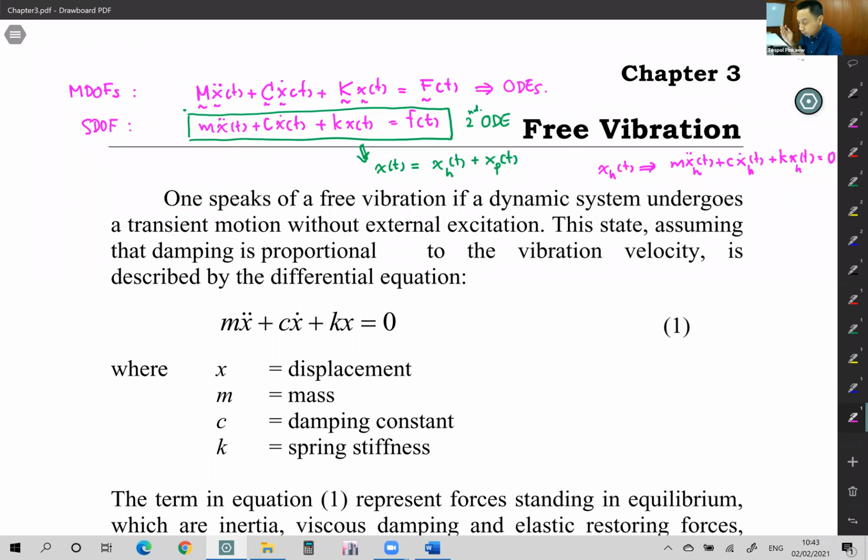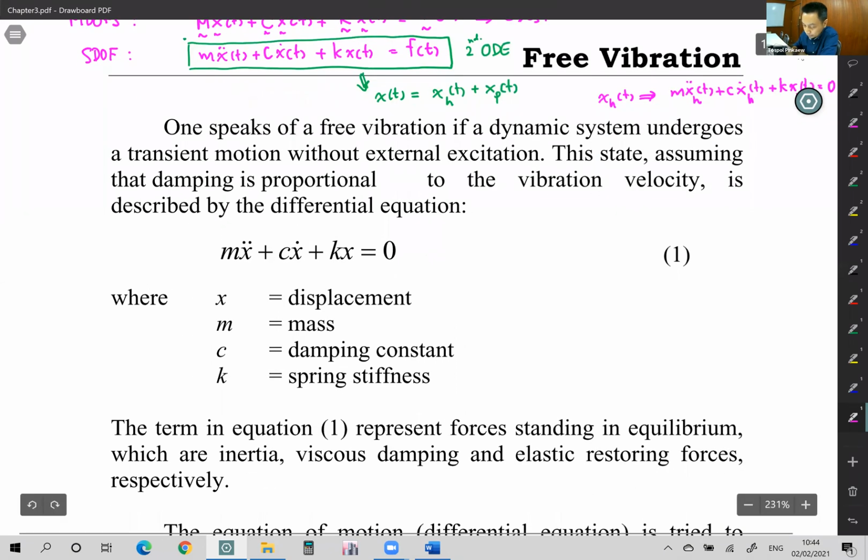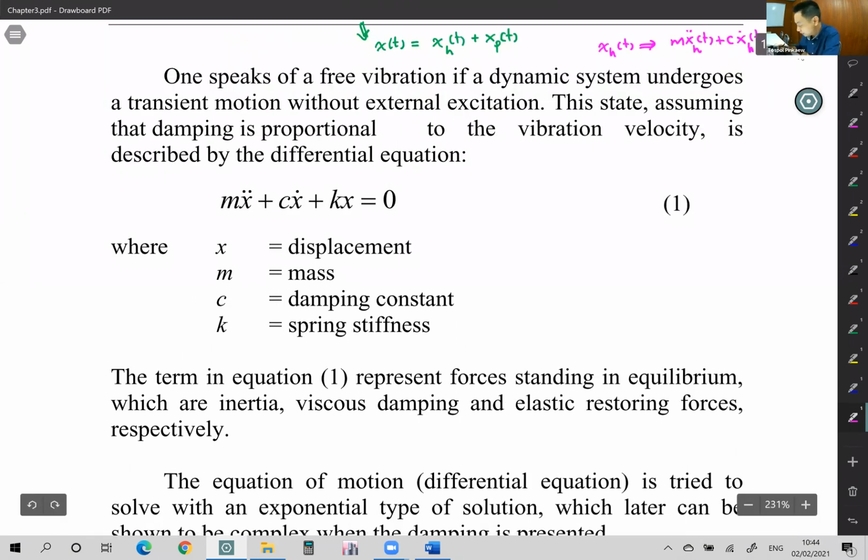After the earthquake or the wind is gone, you see the building is still shaking, and then it stops. The building still vibrating after there's no force acting on it, we call free vibration: vibration without any excitation or external loading. That's why today we will discuss equation number 1.